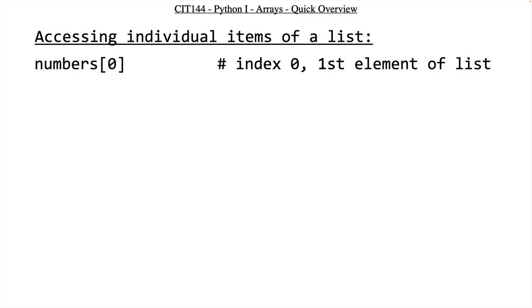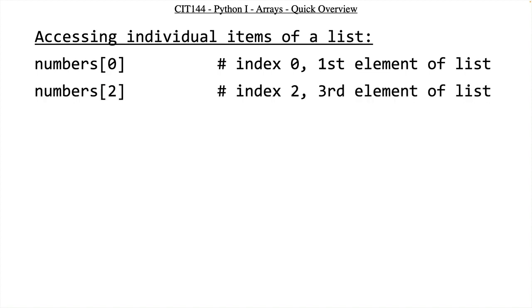I showed you this before, but kind of expanding on it. If you're accessing individual items of a list, you would use the name of the list and then square bracket the location or the index. So this would print index 0 of the array numbers, which is actually the first element of the list. Numbers 2 would talk about index 2, which is actually the third element of the array.